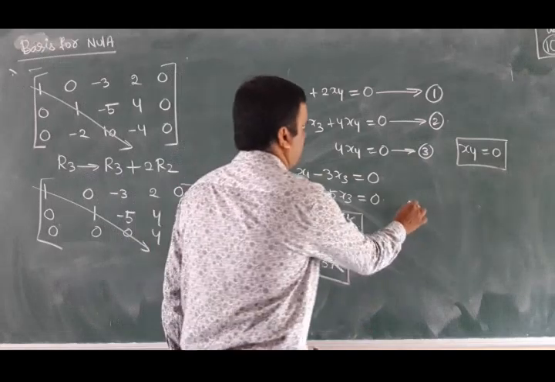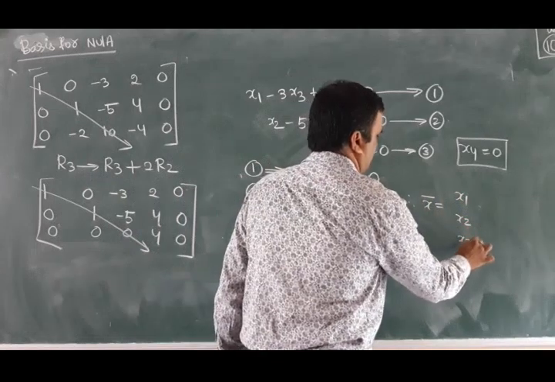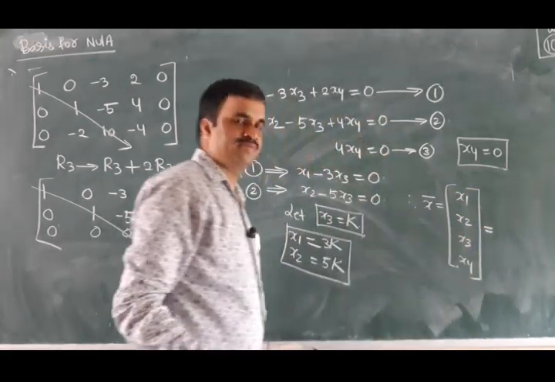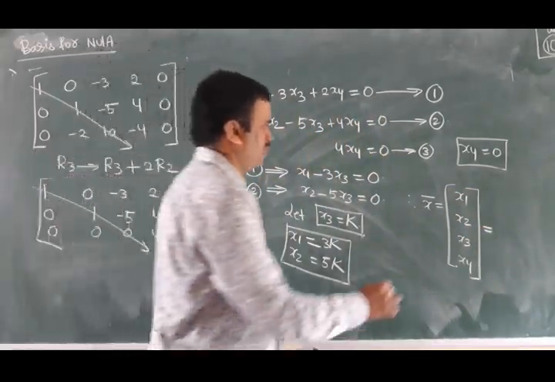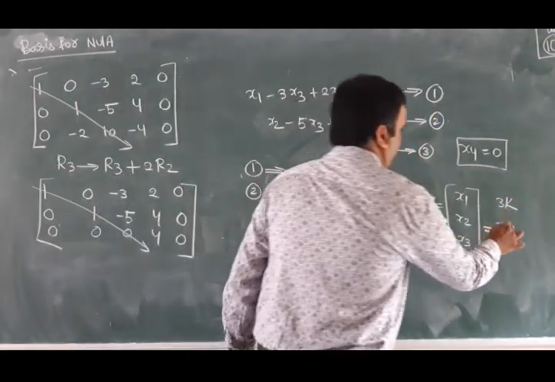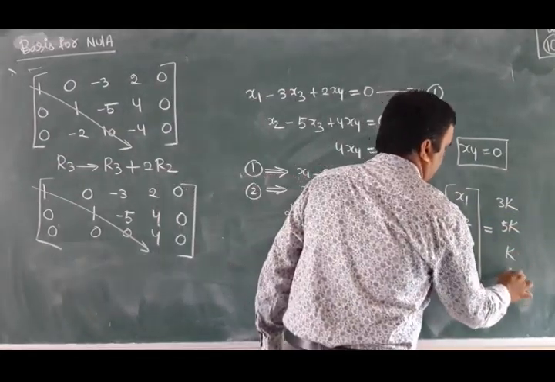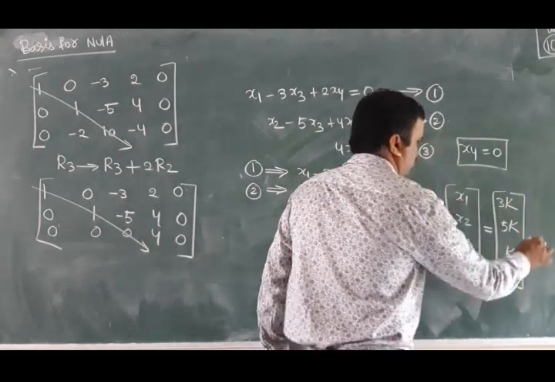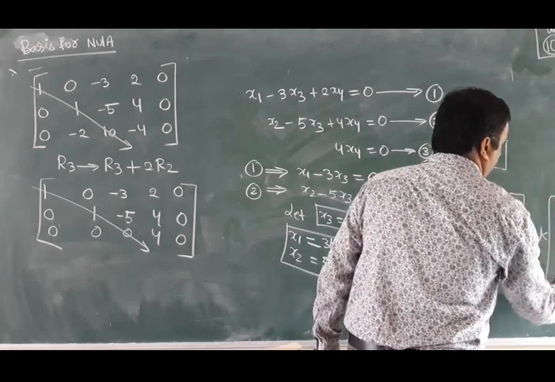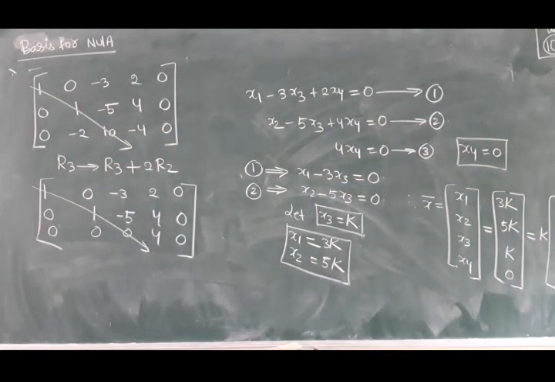Therefore x bar equals x1, x2, x3, x4 equals 3k, 5k, k, 0. So simply we can write k times of 3 5 1 0.